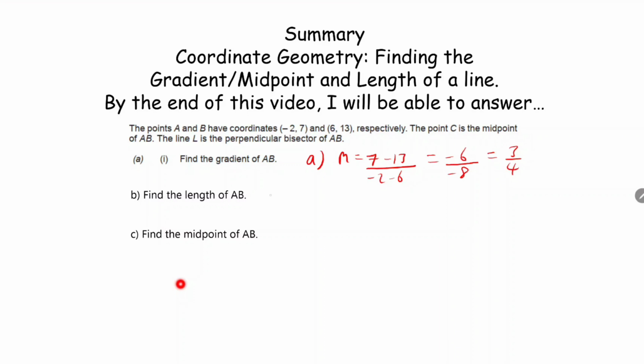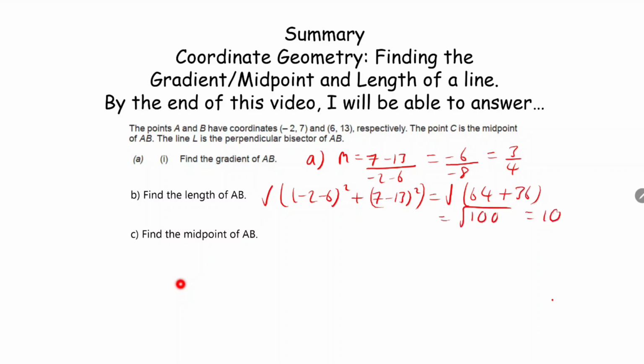The length of AB, root of minus 2 minus 6 squared plus 7 minus 13 squared, which gives us the root of minus 8 squared, which is 64, plus 7 minus 13, which is minus 6 squared, which is 36, which gives us root of 100, which again was 10.